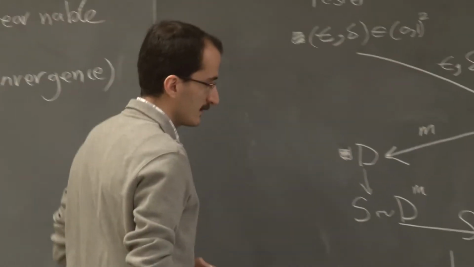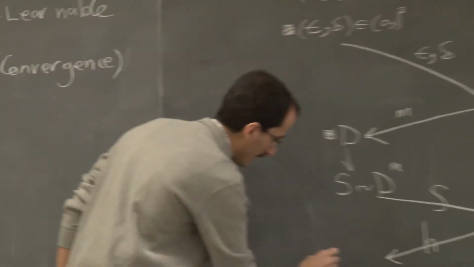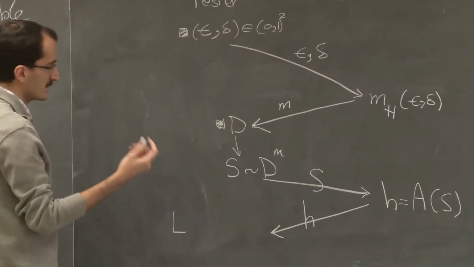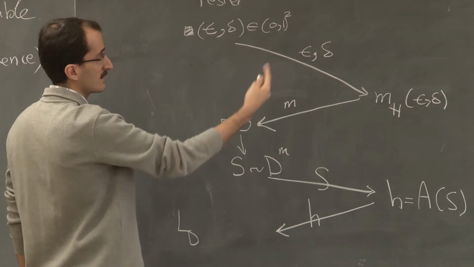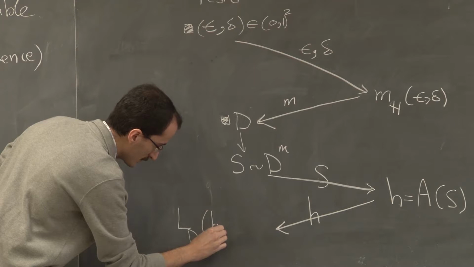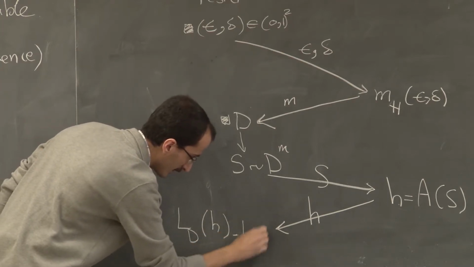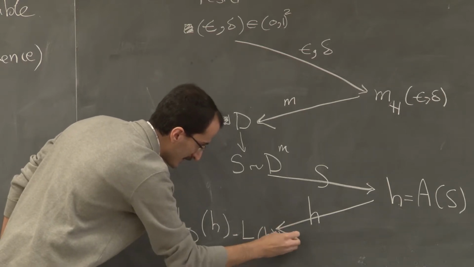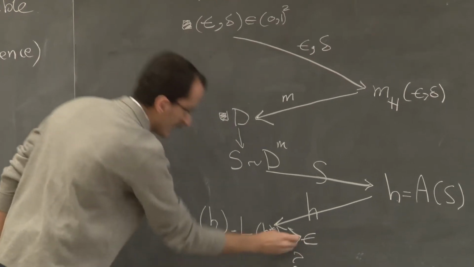And now the tester should test it. How can she test it? We say that for the agnostic case, she compares it to the best hypothesis in the class. So L_D of H minus L_D of H star should be, test if he fails, if it is larger than epsilon.